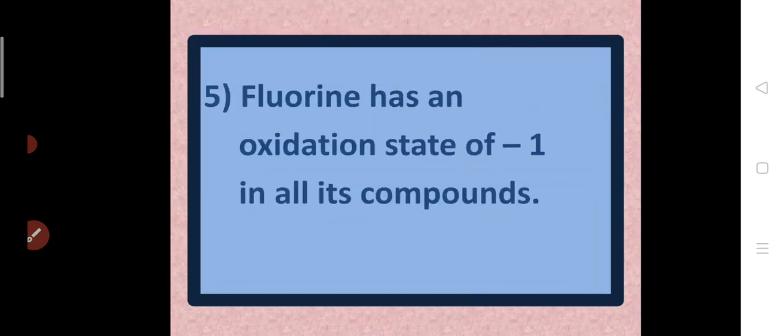And fluorine has an oxidation state of -1 in all its compounds. So wherever fluorine comes, its oxidation state is -1.